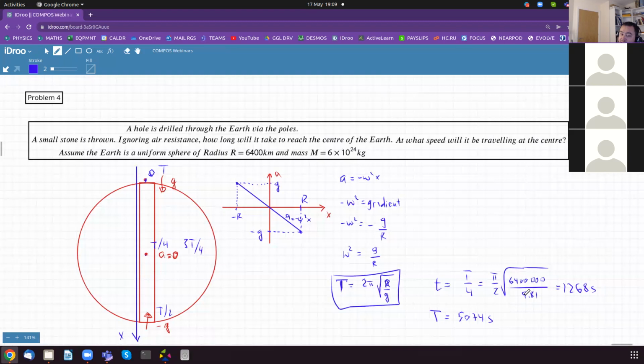For g you need the mass of the Earth to find g. 5,074 seconds. What's that in minutes? Divided by 60? Oh, yes, it is 84.6 minutes.